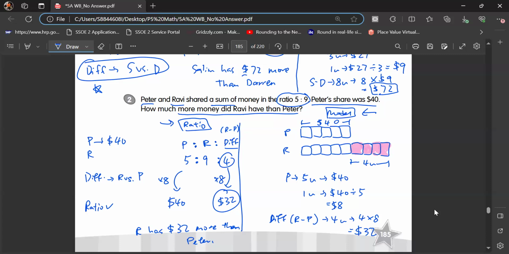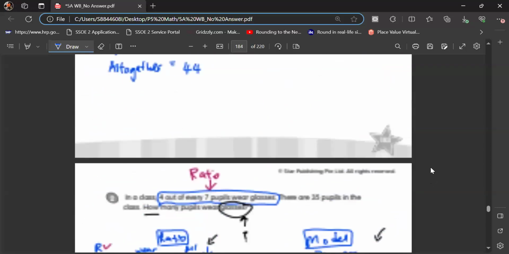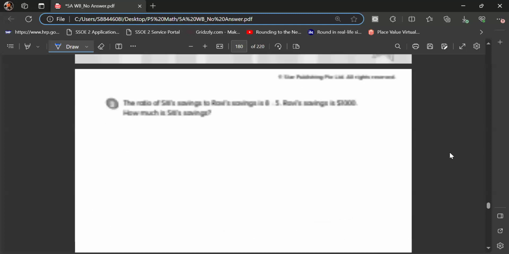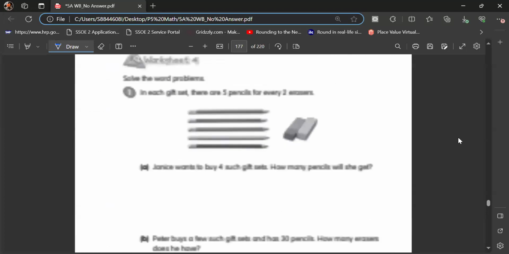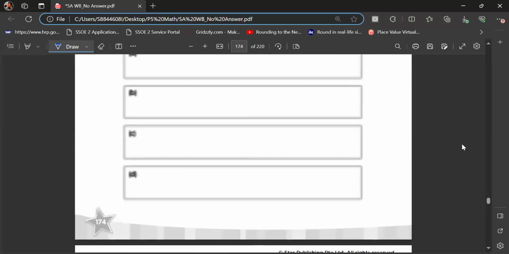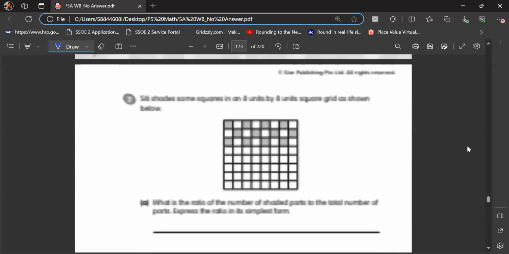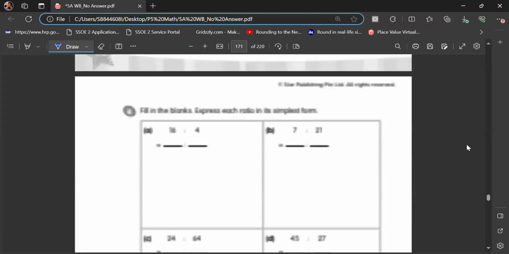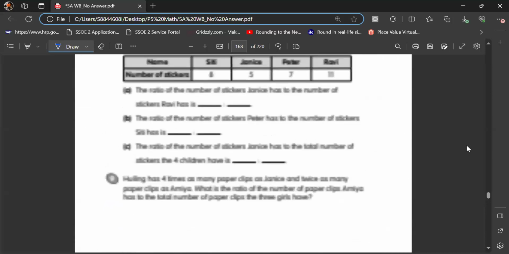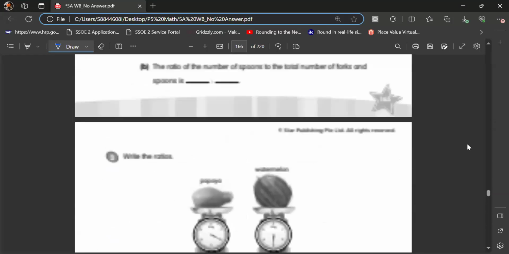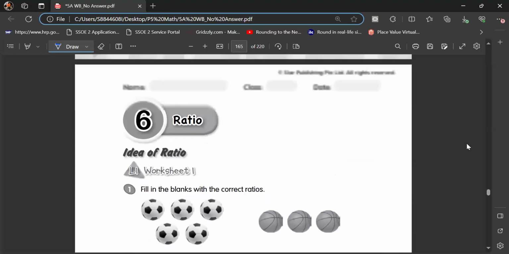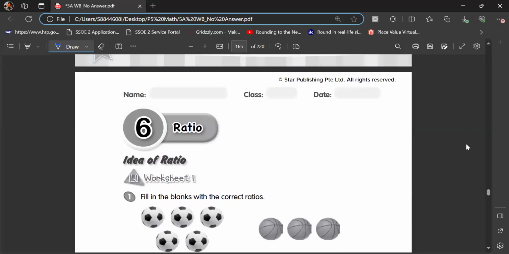Okay, all right. So we're going straight to the first page where it was the easier questions to begin with. And then you see how we moved on to the bit by bit questions towards the back. So the first part is the introduction of ratio right here. It feels super enjoyable now, right?